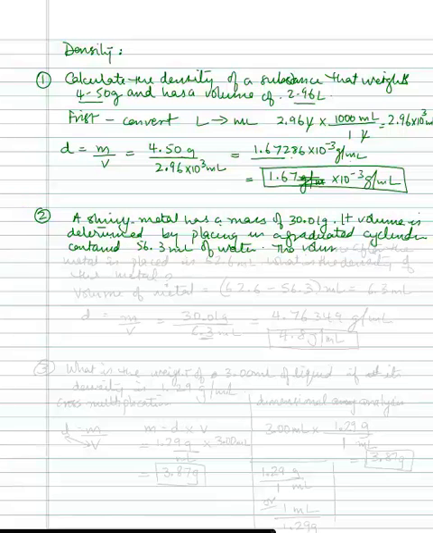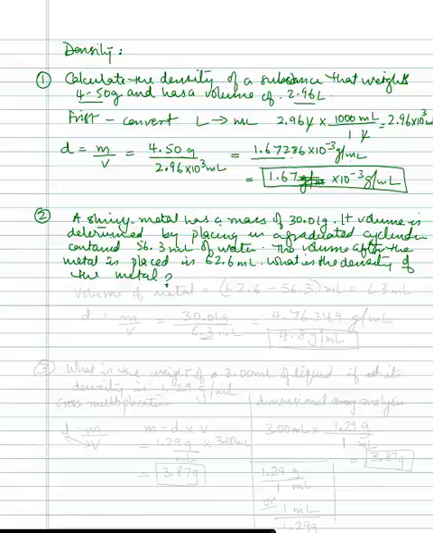The volume after the metal is placed is 62.6 milliliters. What is the density of the metal?